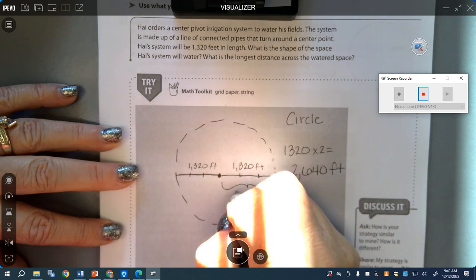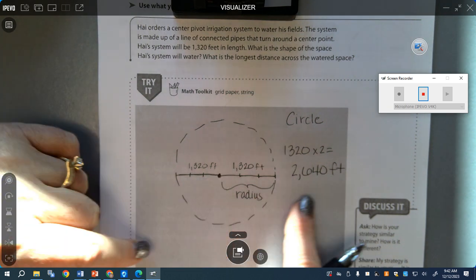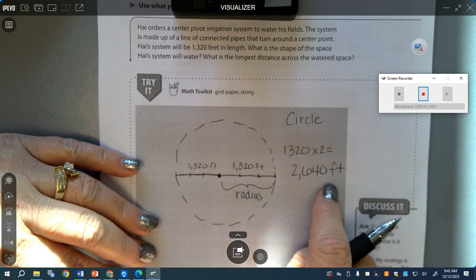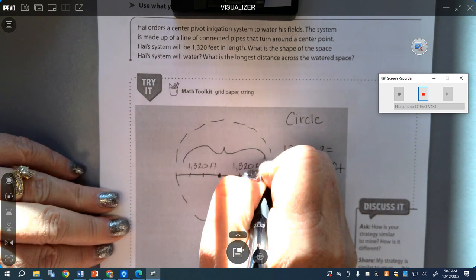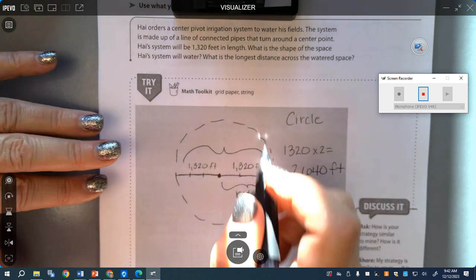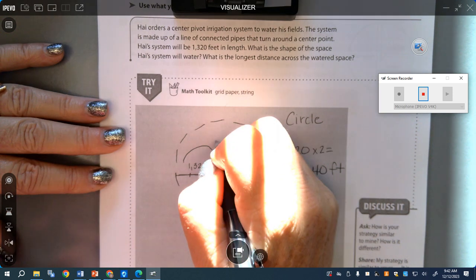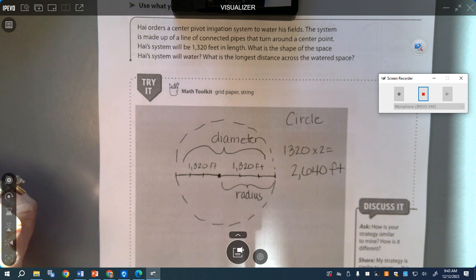So when you took that radius of 1,320 and multiplied it by 2 to get 2,640, this now forms the what of the circle? The diameter. Good. We've already kind of talked about this, so you guys already have a head start with this.